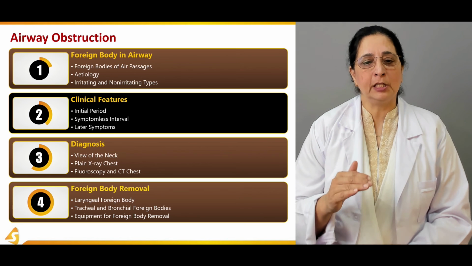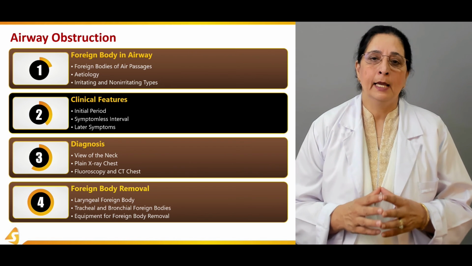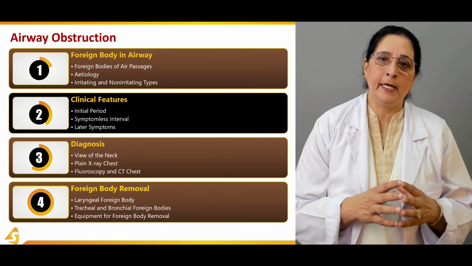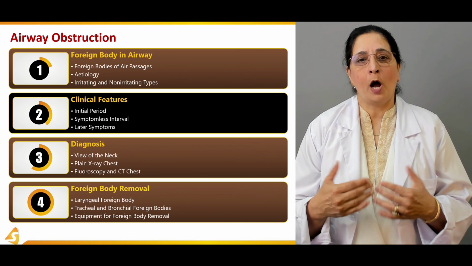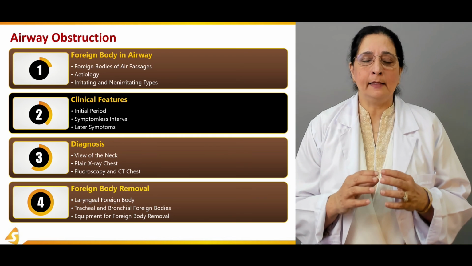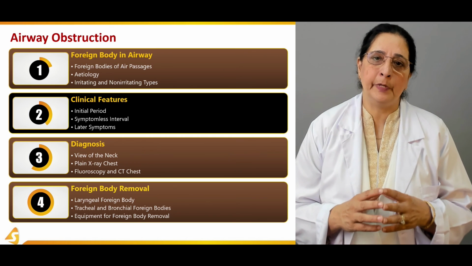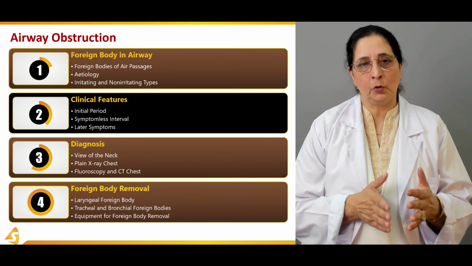So the features produced by the presence of a foreign body are divided roughly into three phases. In the initial period, how it affects the airway passages. Then there is a symptomless period when no symptoms are present. That is also one phase.